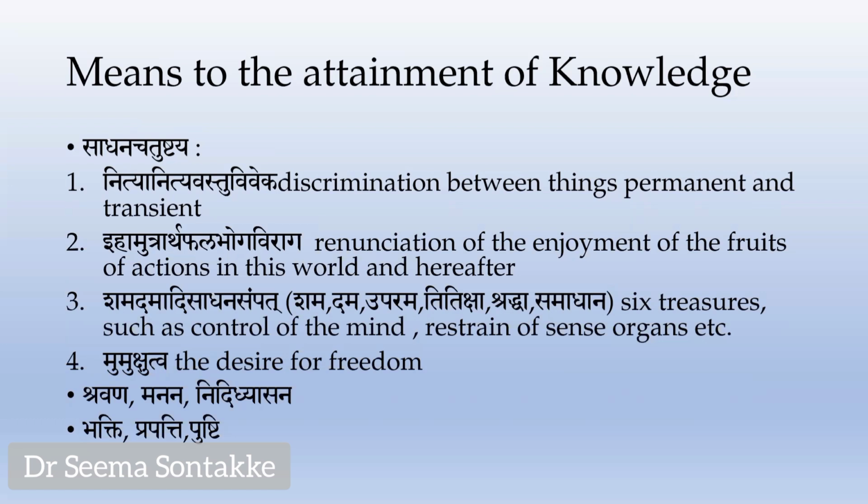Brahman is Satchitananda Swarupa. So to unite with Brahman means to get united with that ultimate bliss. That is the concept of moksha, and it can be achieved through this path.